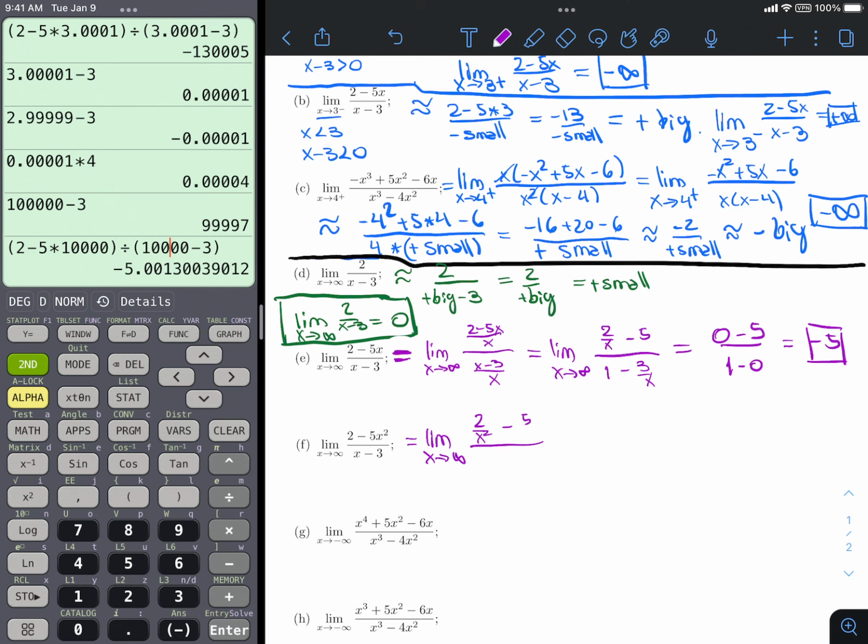Cancel the x squareds out. So x over x squared is 1 over x. Minus 3 over x squared, excuse me. So let me actually do this again, because maybe I skipped a beat and maybe that was difficult for you. So let me maybe be careful about that.